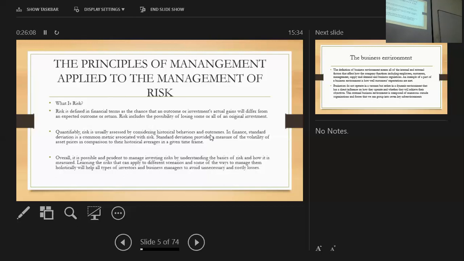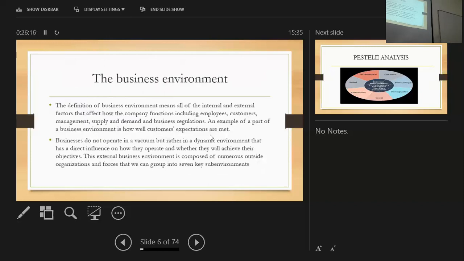We spoke about this in the previous class. Political, economic, the business environment. Right? So risks emanate from internal, market, and external environment. Right?